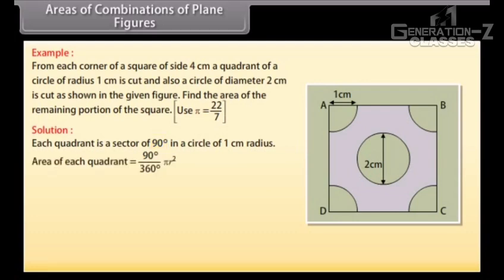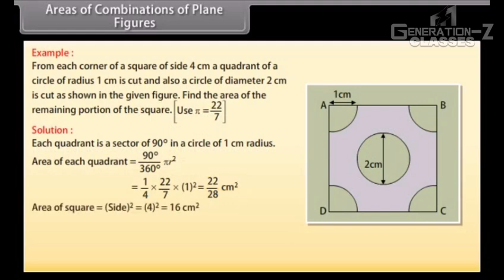Area of each quadrant is 90 degrees upon 360 degrees into pi r square, which becomes 22/28 cm square. Now, area of square is equal to side square, which equals 4 square, which is equal to 16 cm square.